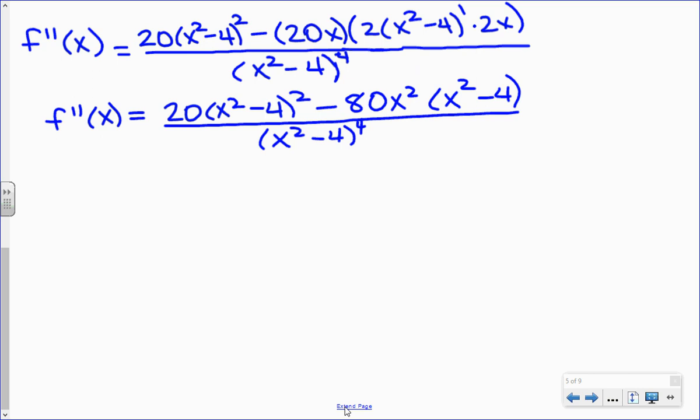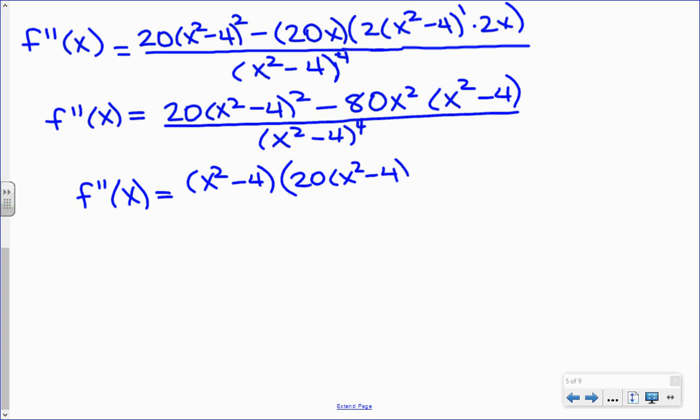So what we can do, and this is going to happen every time that you take a second derivative of a rational function, is you're going to be able to factor out at least one, if not more, of whatever that denominator was. So we can factor out an x squared minus 4. Left over would be 20 times the second x squared minus 4 minus 80x squared.